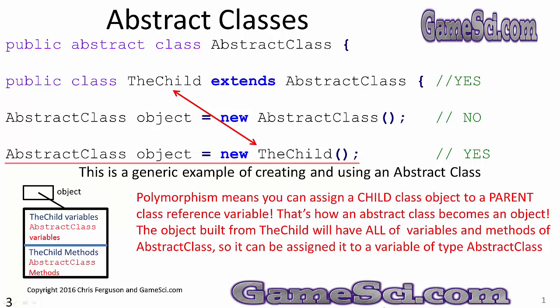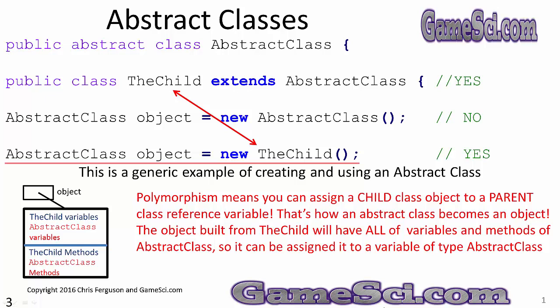So look at that solid red double-sided arrow there. The child extends AbstractClass. When I build a new child object, I can assign it to an abstract class variable. Now, this is a generic example of creating and using an abstract class, but it's important to understand the idea behind it.